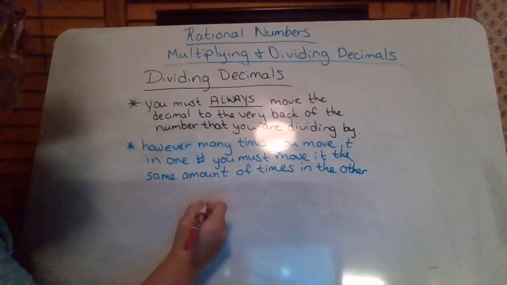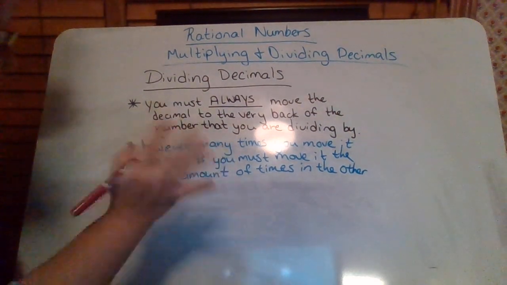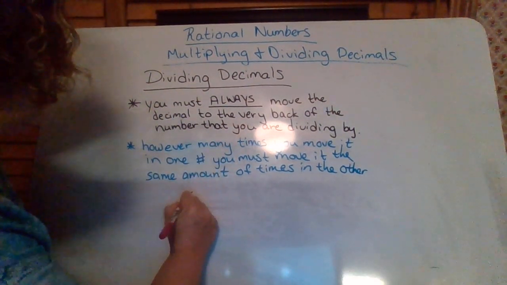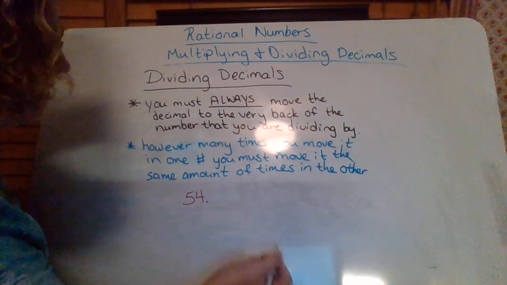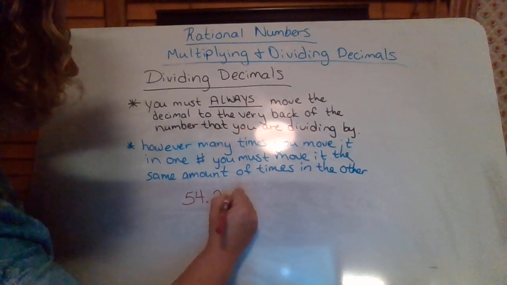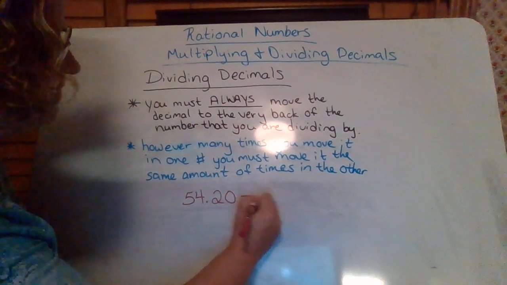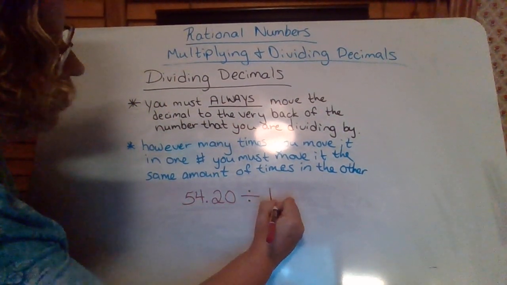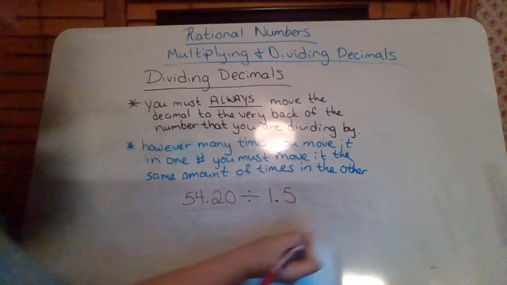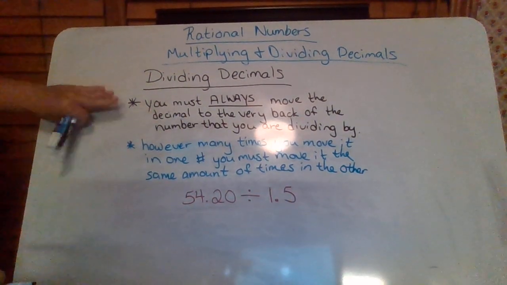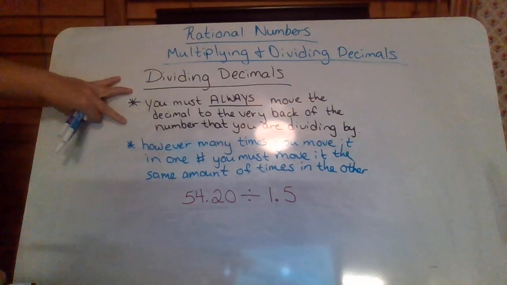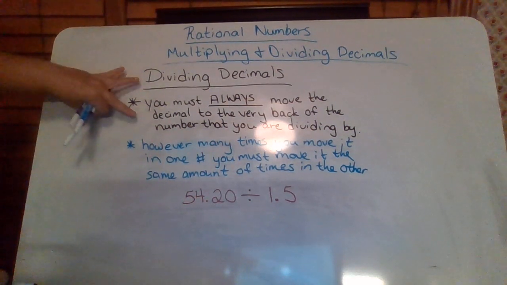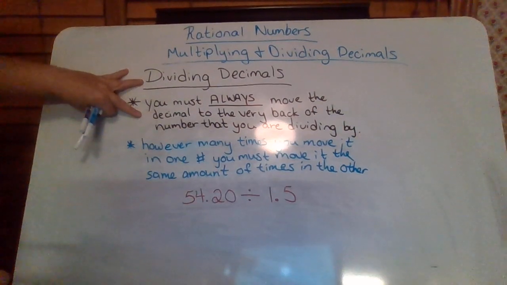All right. So, if I were to give you this, if I said 54.20 divided by 1.5. All right, so what this means up here, this very first one, you must always move the decimal to the very back of the number that you are dividing by.